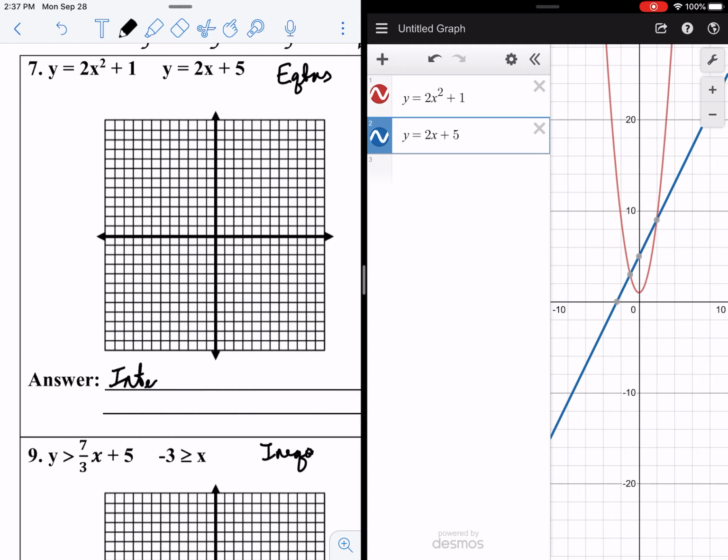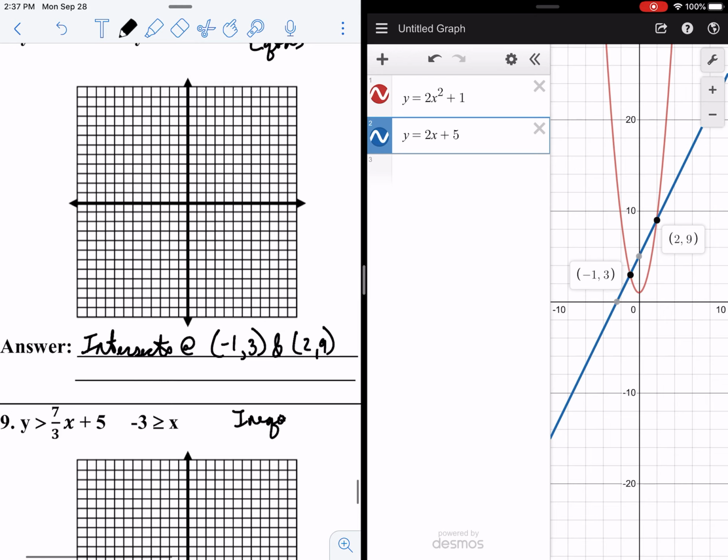So I'm going to say it intersects at (-1, 3) and (2, 9). But like we've already learned, your answer is your x values unless otherwise asked. So x equals -1 and 2.